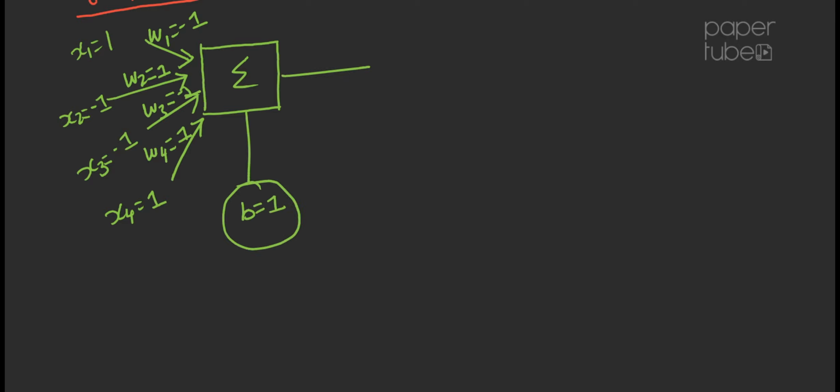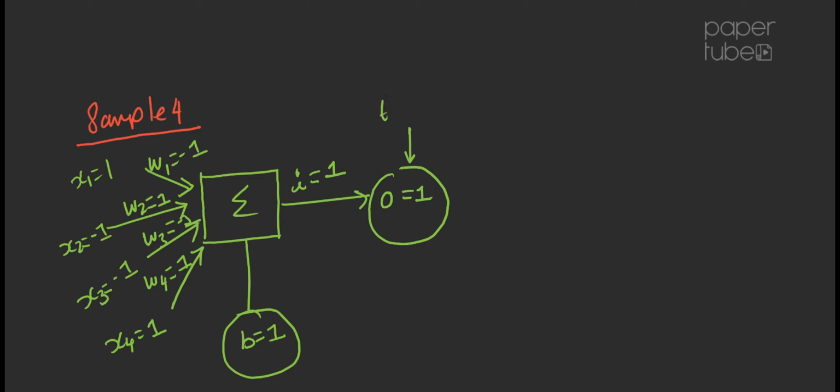So if you calculate the net input, you start with minus 1, 1, 1, 1. So you will get a value of 1, which means your output should be equal to 1.